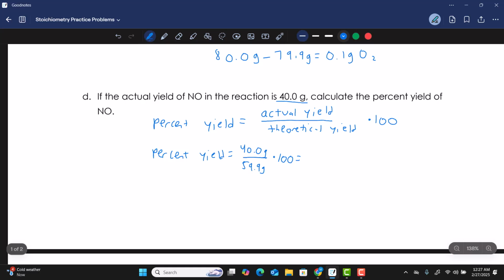So when we type that into our calculator, we would get 66.8%. And the percent yield tells you how much of the theoretical yield you actually made in the experiment.